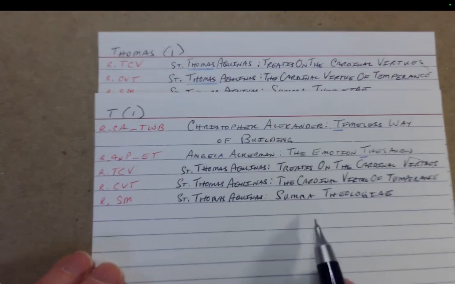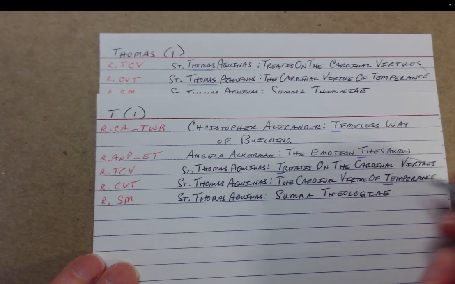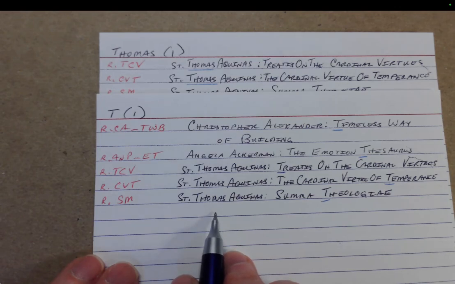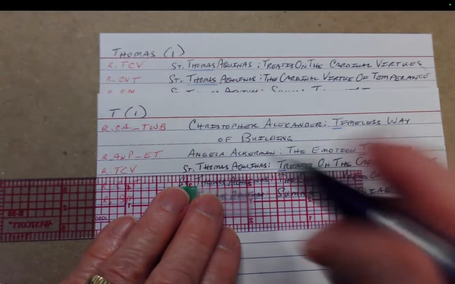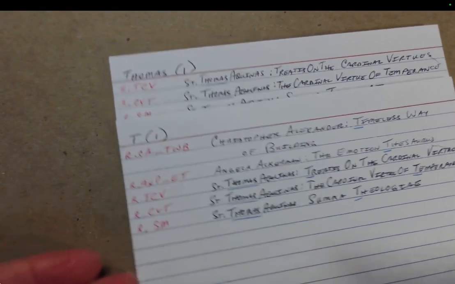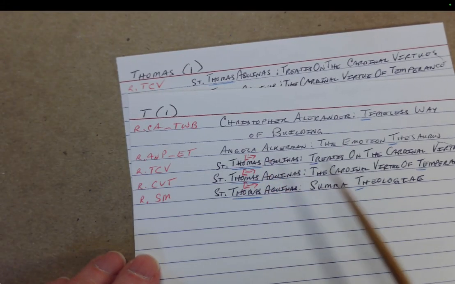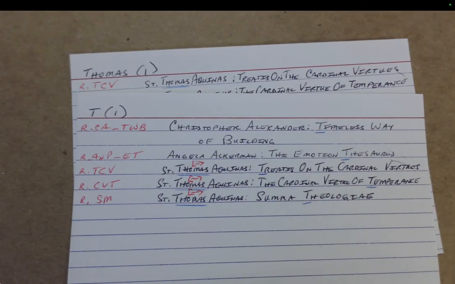So here's all my general T entries that I need for treatise, temperance, and theology, but I've got all these T's here for Thomas, so I'm going to treat them just as I would using the index in the regular index box. I'm underlining the whole word because it's on a card of its own, but I'm putting the promotion symbol above the word because there's an unpromoted T on each of these lines.